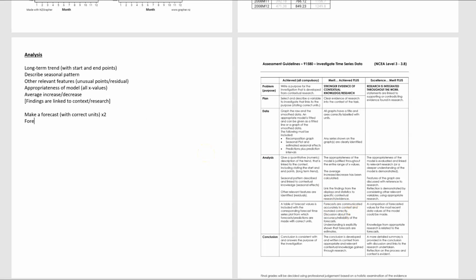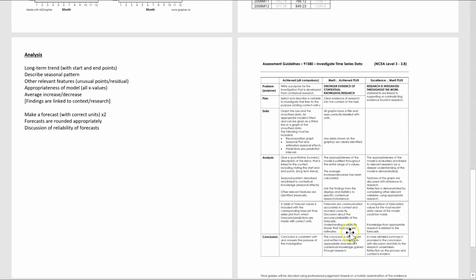So the key thing is forecasts are rounded appropriately. So we're looking to do that. Then a discussion of reliability of forecasts.